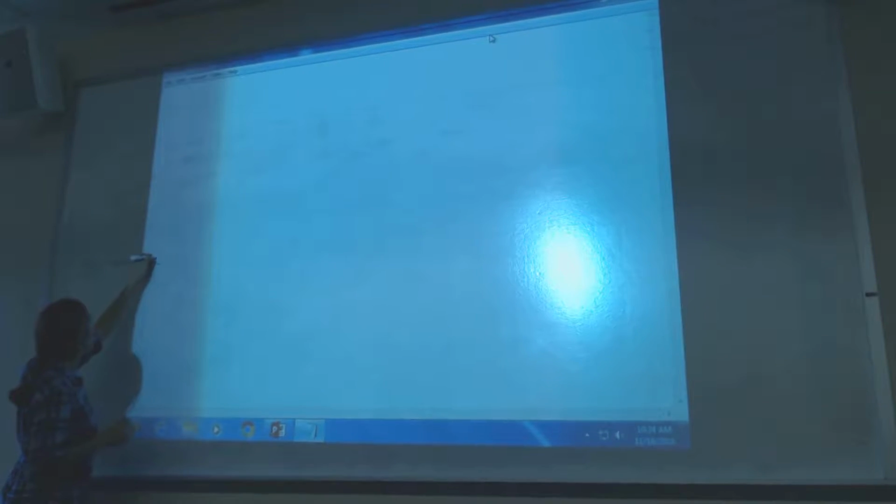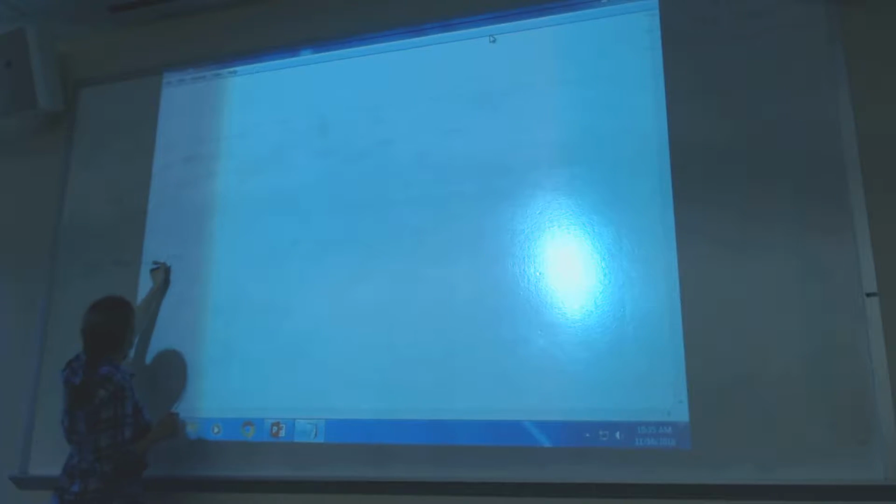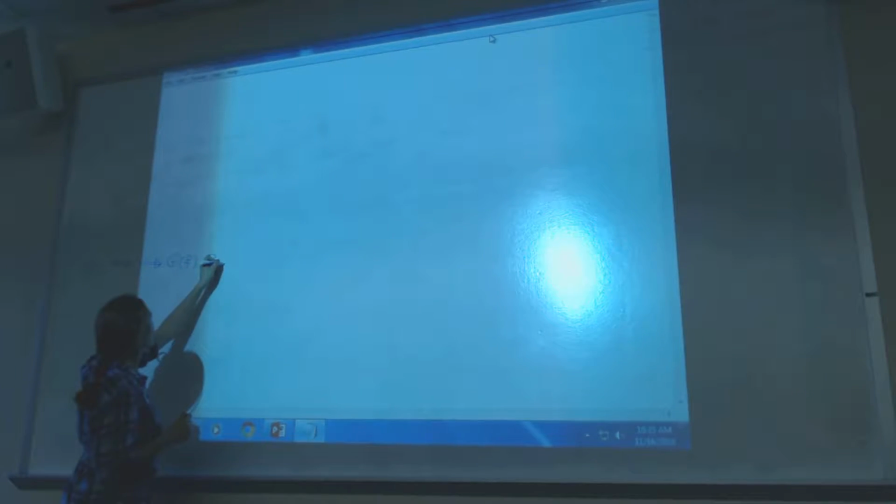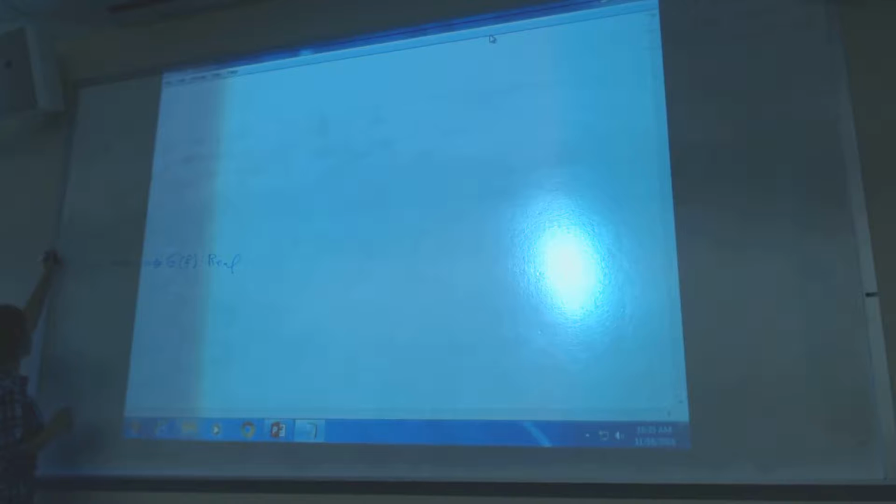Then prove that G of f is real. Use properties of the Fourier transform to show.